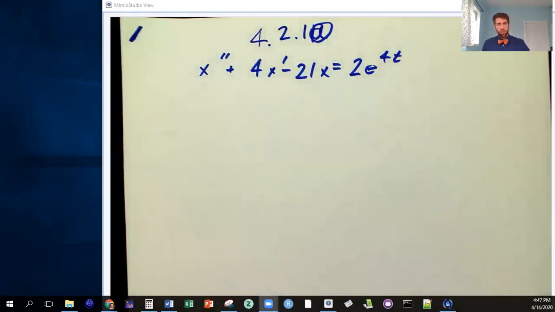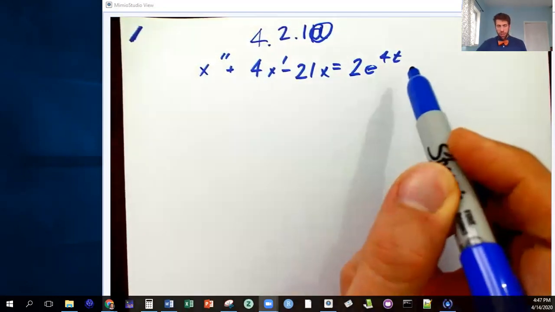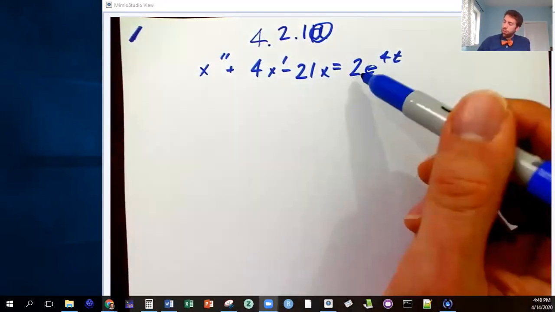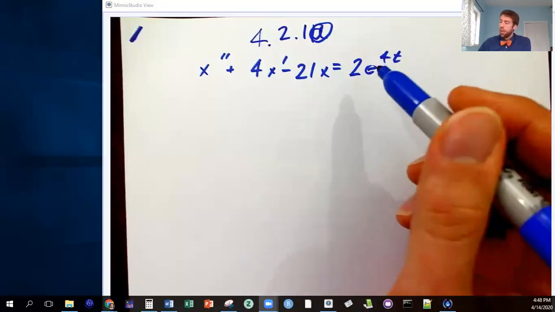So in this section, there are theorems at the very beginning, like Theorem 4.2.1, which basically says that if you have a differential equation like this, and you were to solve this same differential equation but with a zero there, that's called the homogeneous equation.